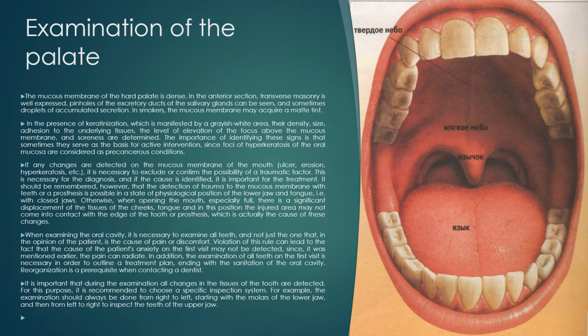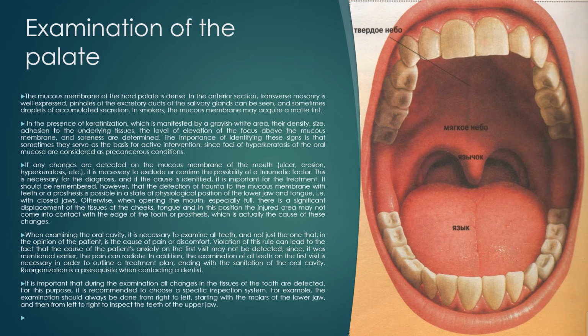It should be remembered, however, that the detection of trauma to the mucous membrane by teeth or a prosthesis is possible in a state of physiologic position of the lower jaw and tongue. Otherwise, when opening the mouth, especially fully, there is significant displacement of the tissues of the cheek and tongue, and their position changes, and the injured area may not come into contact with the edge of the tooth or prosthesis.